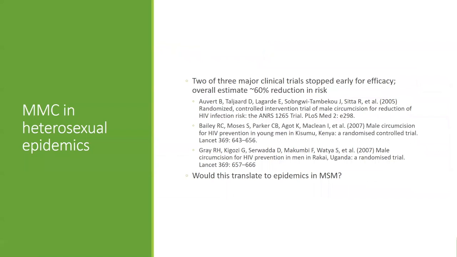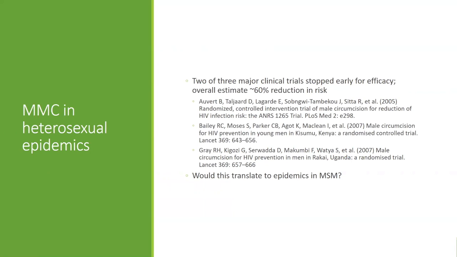And there was very strong evidence for protective effect of MMC in heterosexual epidemics, right? 2 out of 3 major trials, and maybe more, 3, were stopped early for efficacy. So like that's not a thing that happens very often in clinical trials. That means that it was so good that they actually couldn't ethically keep going. They had to just start giving intervention, right?